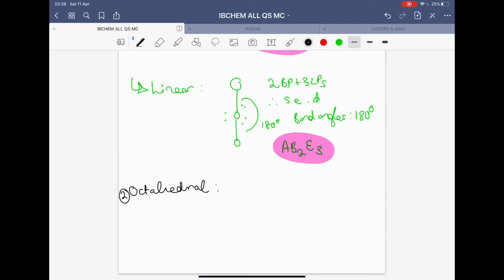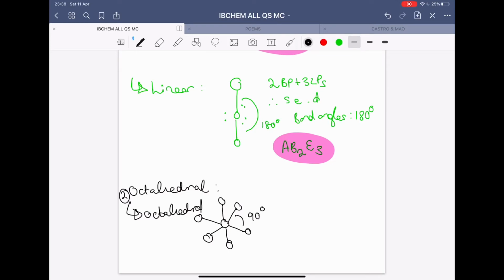Same thing as trigonal bipyramidal, we've got octahedral, but we also have subcategories within octahedral. So the first version of an octahedral geometry is the octahedral shape. And did I draw that right? Yes. So octahedral shape simply means 6 electron domains.